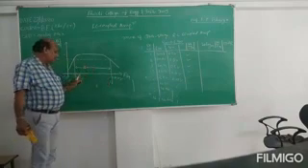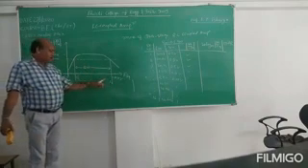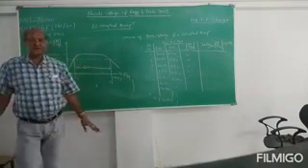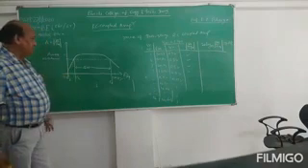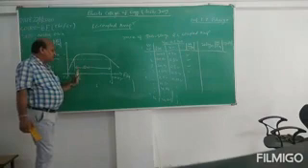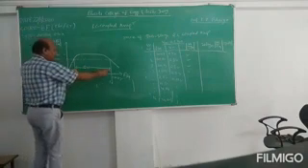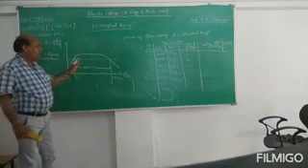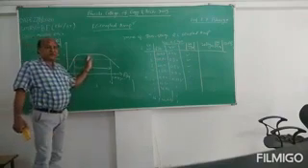Also, from the same you will get the lower cutoff frequency and higher cutoff frequency. So once you get this bandwidth, you will also get the gain of the amplifier. What is the maximum gain of the amplifier?